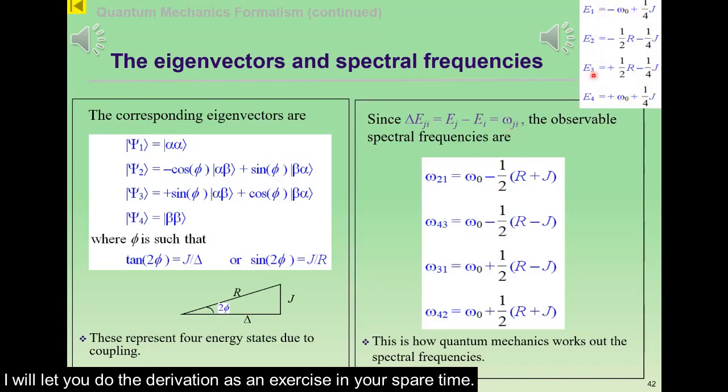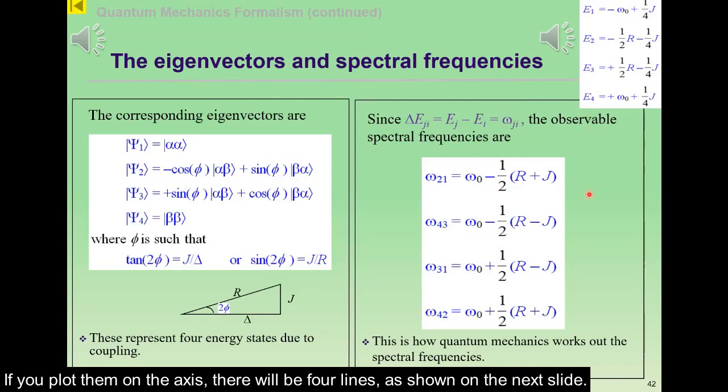I'll let you do the derivation as an exercise in your spare time. If you plot them on an axis, there will be 4 lines, as shown on the next slide.